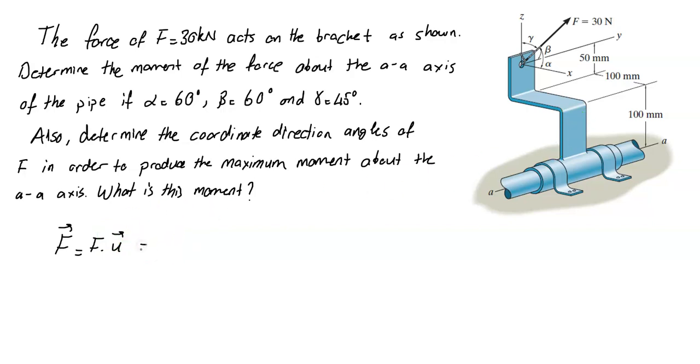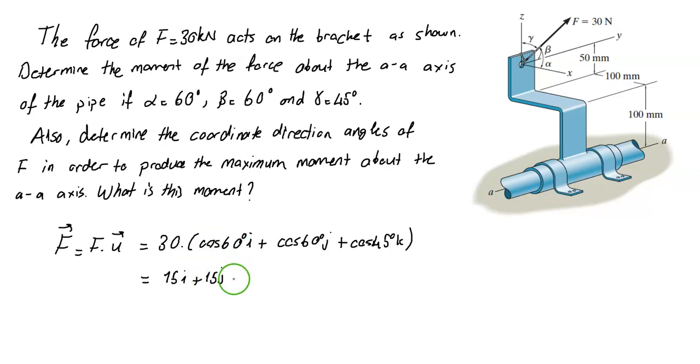Since we're given the angles, this will be 30 Newton times cosine 60 degrees I plus cosine 60 degrees J, and plus cosine 45 degrees K. Right, and that will be equal to 15 I plus 15 J and plus 21.2 K, and our unit is newtons.